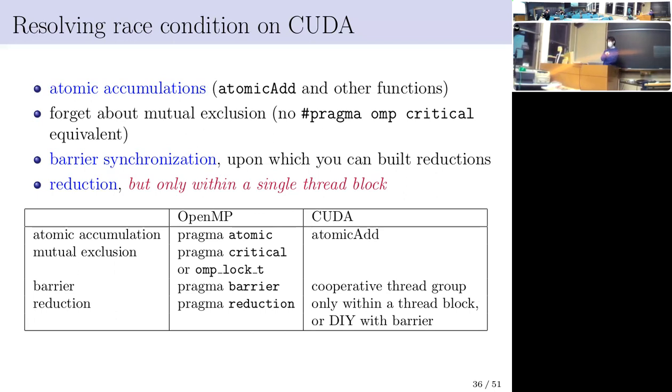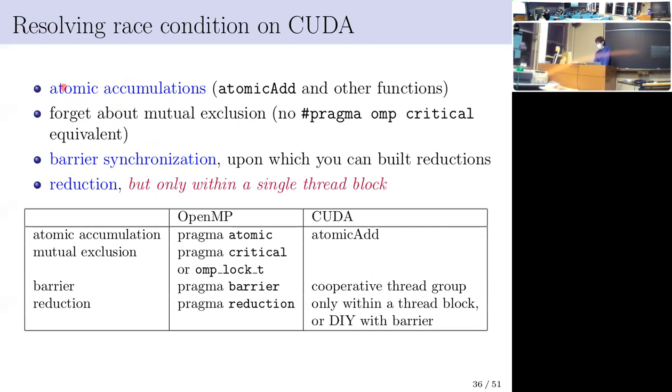Another one is something called atomic, with which you can, for example, read this memory, add something, and write the new value immediately back into the same location. And the final solution was something called reduction. So conceptually, they are very similar.